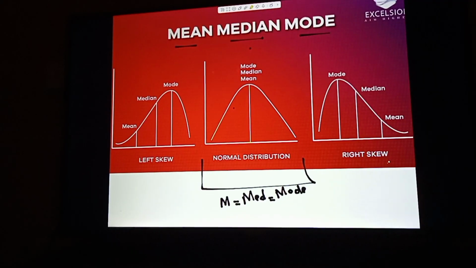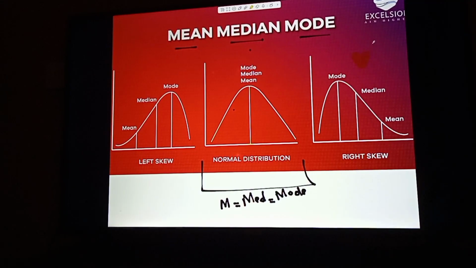Consider this graph. In this graph it is not bell shaped. Here this tail is stretched towards the right side, because here mean is greater than the median.